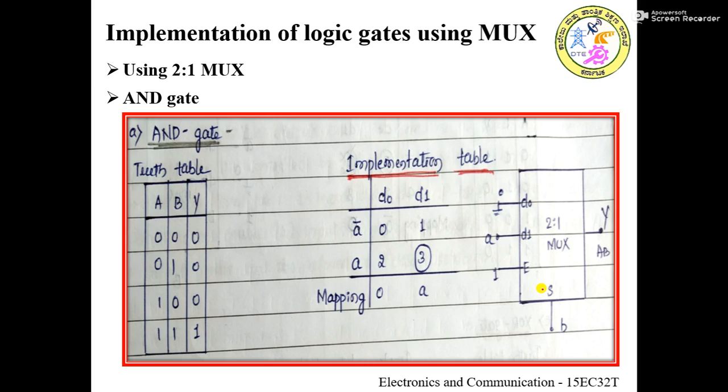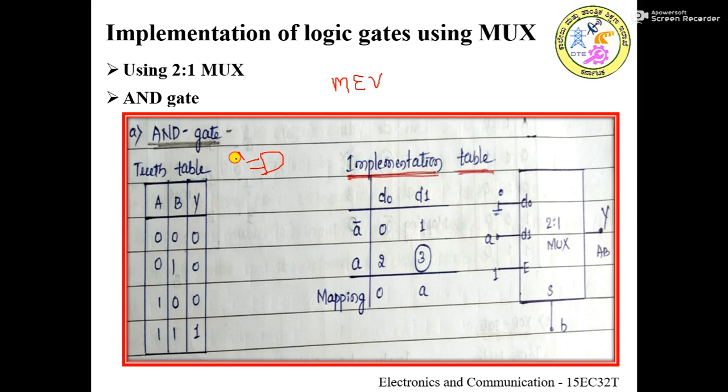So here we use a special method called the map entered variable method, or simply abbreviated as MEV method. So this is your AND gate, which will have 2 inputs.